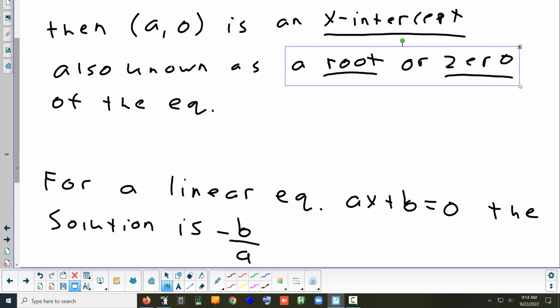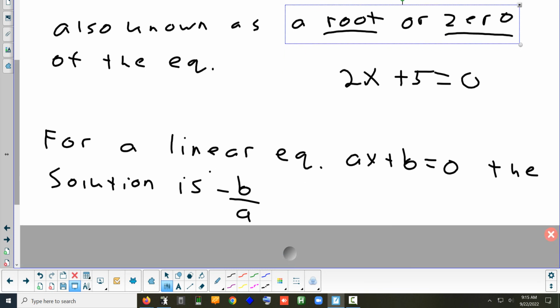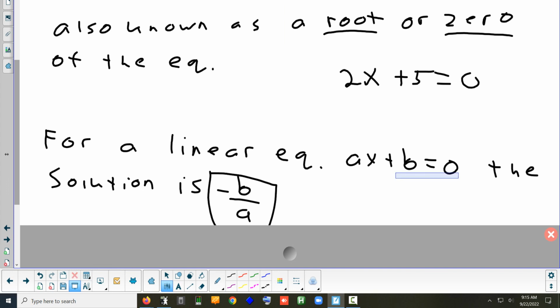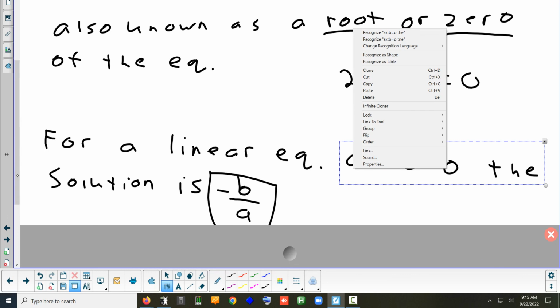But for linear, all you'd have to do is bring the 5 to the other side by subtracting it, and then divide by the number in front of x. That's what this is saying: minus the b to the other side, and then divide by the number in front of x.